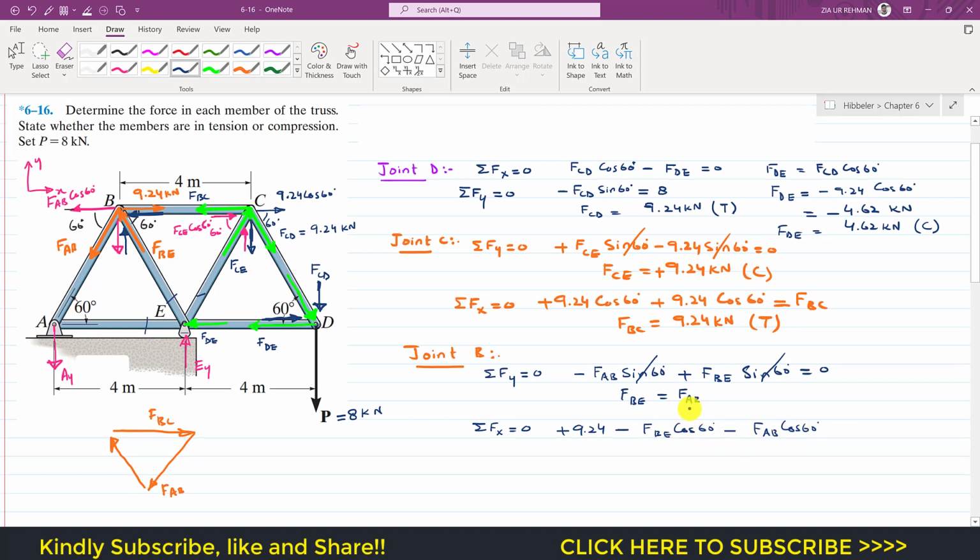Since FBE is equal to FAB, let me replace this FBE with FAB as well. So this will become minus 2 FAB cos of 60 degrees, and this is equal to 0.